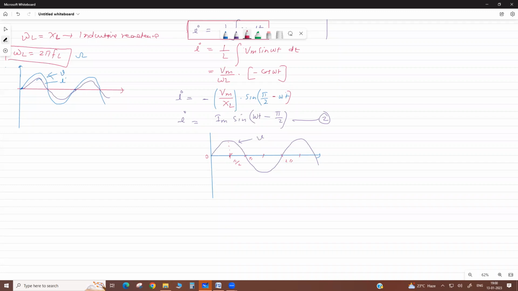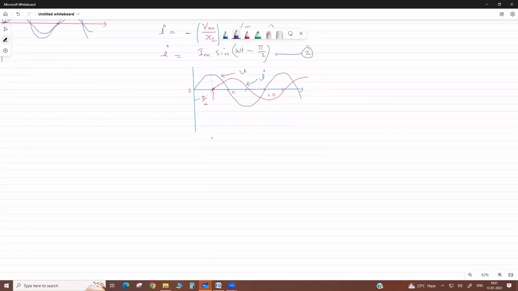Your current starts from here. So this is the pi by 2 phase difference, and this is the lag. Your current lags by 90 degrees.